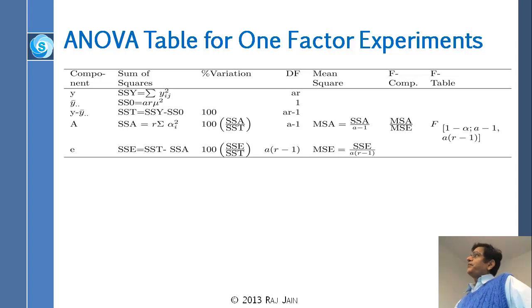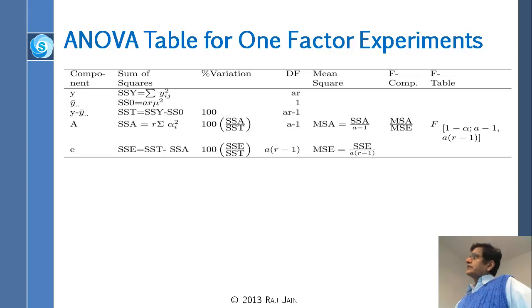And you have a table which is very similar to regression, where you have the sum of squared errors, SS0, so you subtract those two, you get SST, and then SSA is calculated from alpha. The second column is percentage variation, the total is 100%, and therefore A is SSA upon SST times 100, error is SSE upon SST times 100. The degrees of freedom are written down here.